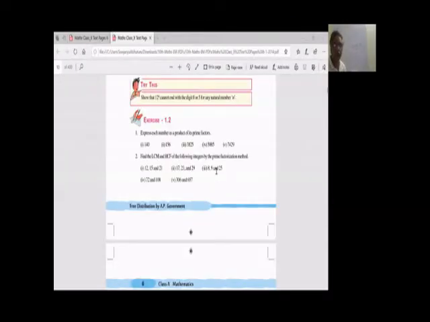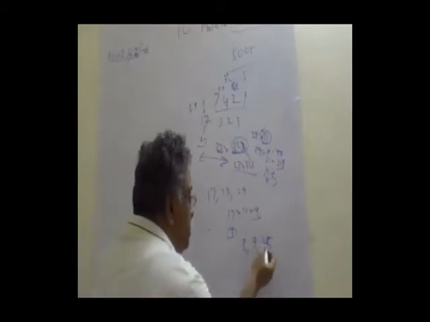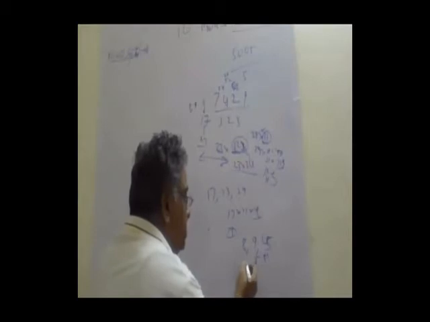Now say 8, 9, 25. What is the common factor? 25 is 5 square, 9 is 3 square, and 8 is 2 cube.